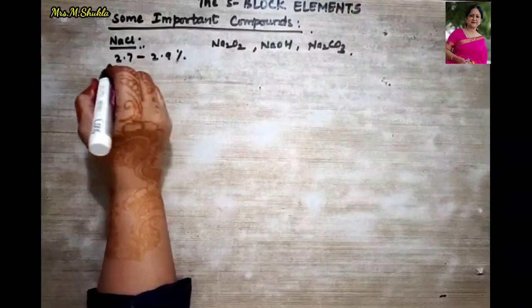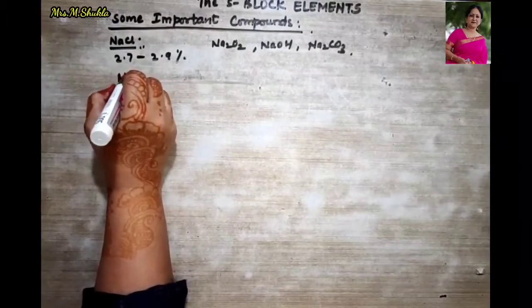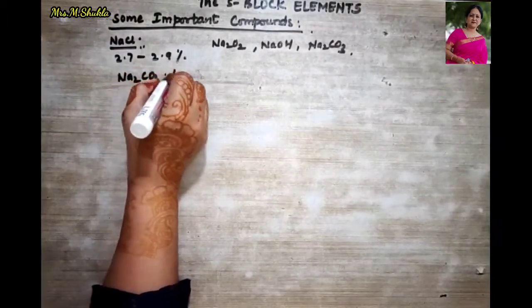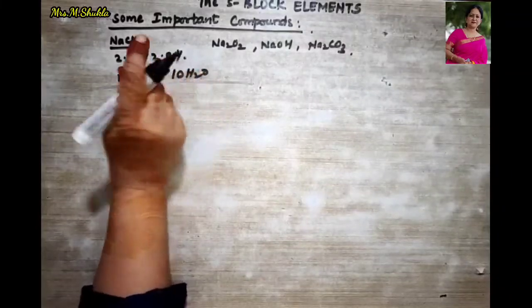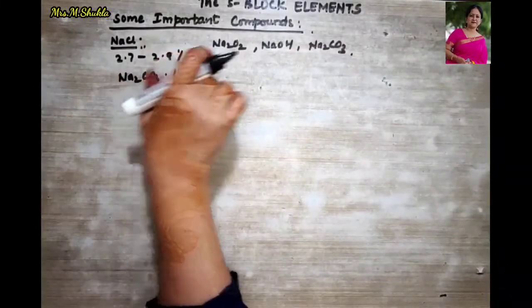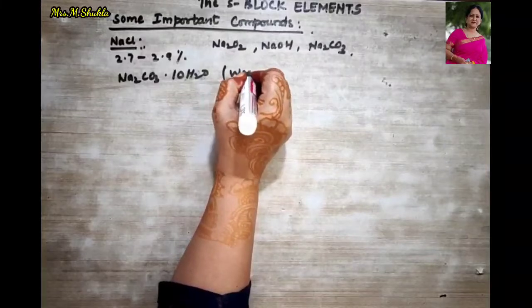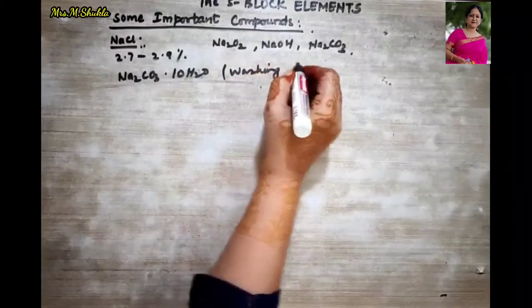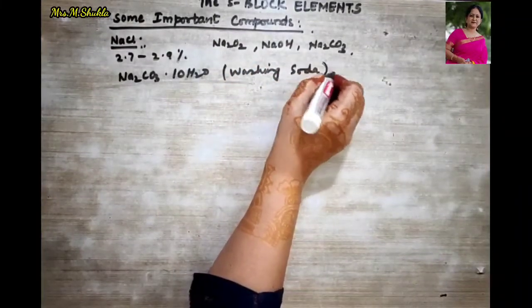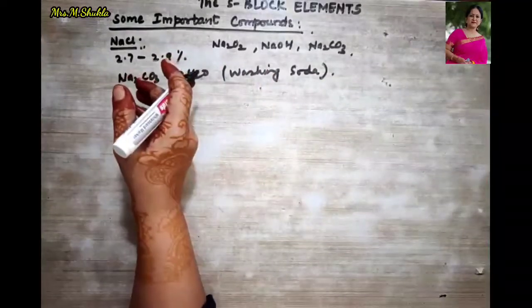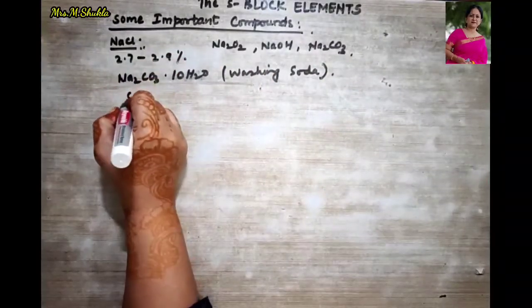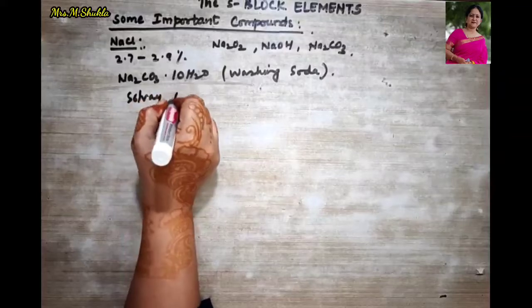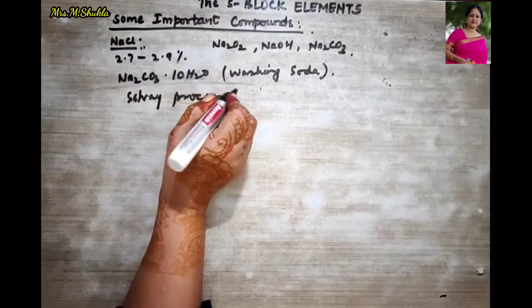Now let's talk about sodium carbonate, that is Na2CO3.10H2O. What is this called? Sodium carbonate, also termed washing soda, right? So in general it is prepared by the Solvay process, right?